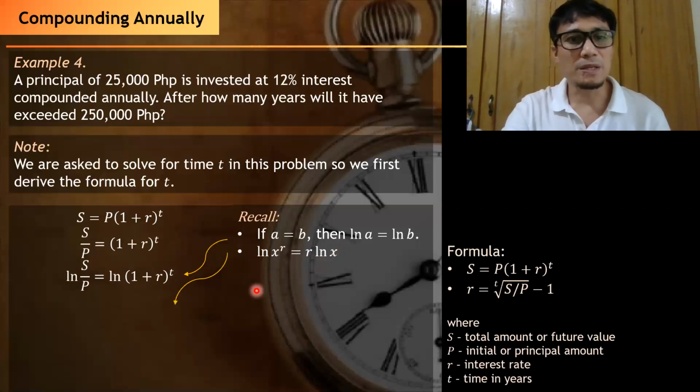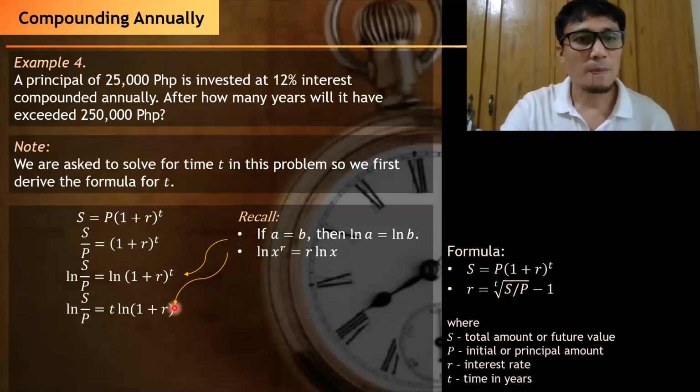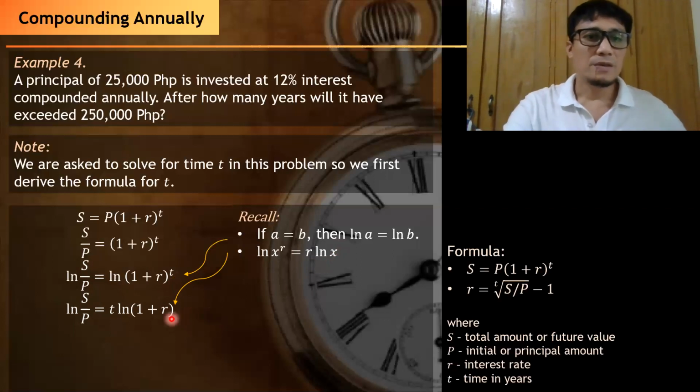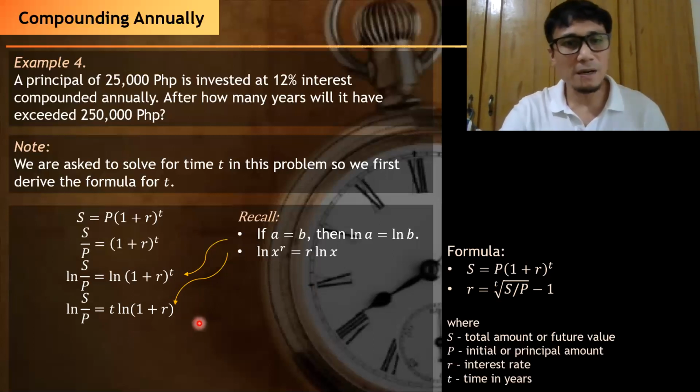So using that property, this expression can now be written as ln of S over P, which is equal to t, so your t will go here, times ln of 1 plus r. So it's easy now to isolate t. We need only to divide both sides by ln of 1 plus r.